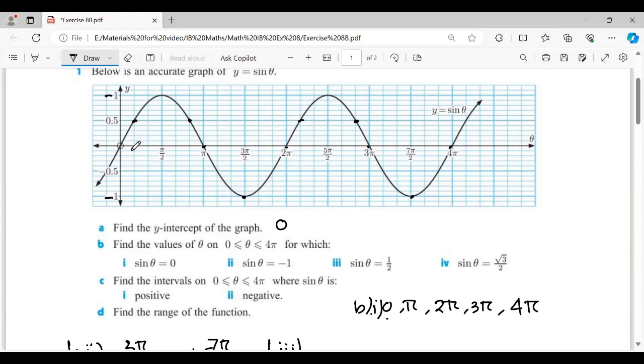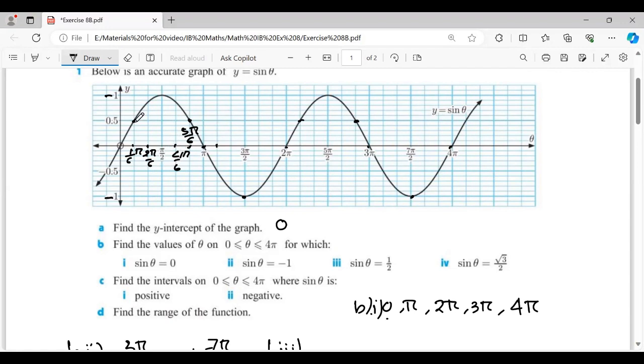Actually, this point is 1 pi over 6. This is 2 pi over 6, this is 3 pi over 6, 4 pi over 6, 5 pi over 6, this is 6 pi over 6, this is 7, and so on.